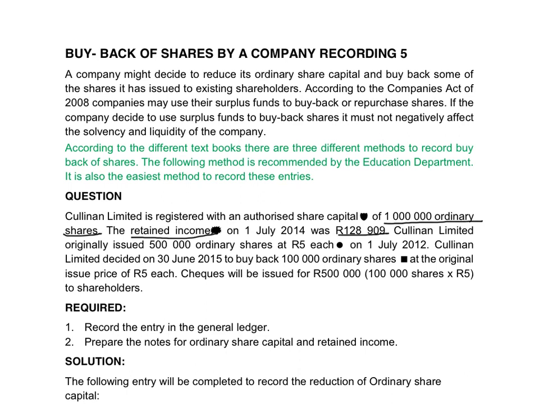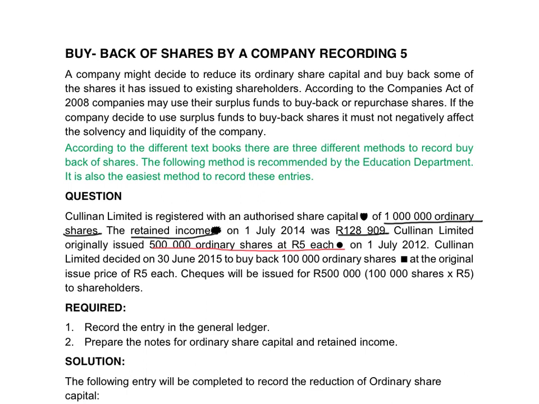The Cullinan Limited originally issued 500,000 ordinary shares at R5 each. So that means the share capital account will have this 500,000 times 5, 2.5 million rand in the capital account as a balance.